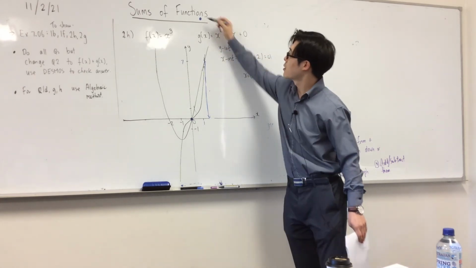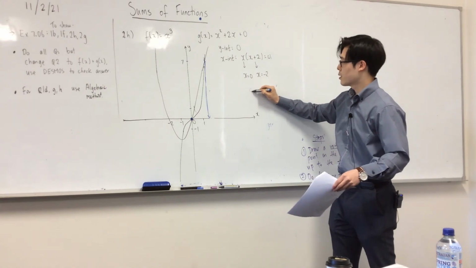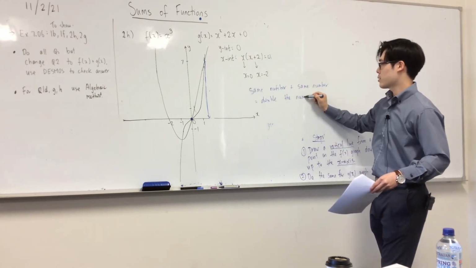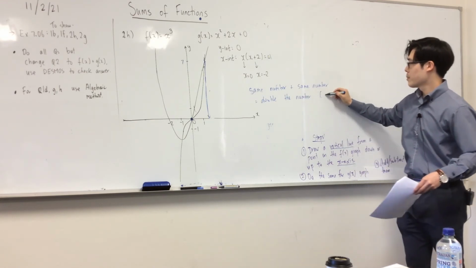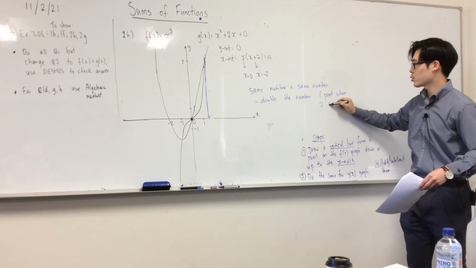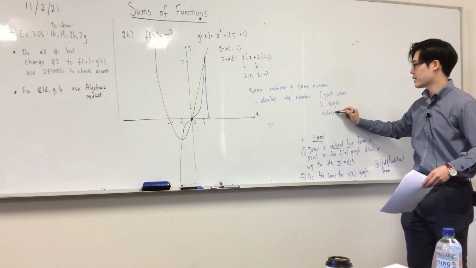Does that make sense? Same number. So this is a point where 2 graphs intersect. Okay? So that's another fact.